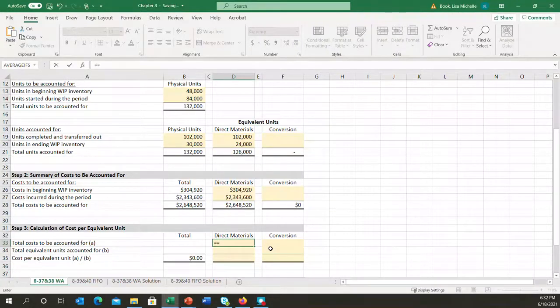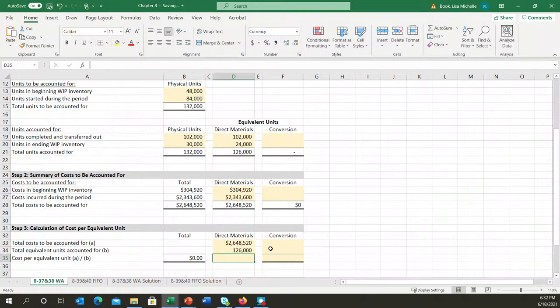So the total cost that I'm going to use is my cost to account for, which includes cost in beginning inventory and costs incurred during the period, of $2,648,520. Then I'm going to pull down my total equivalent units, which is the combination of the equivalent units completed and transferred out and equivalent units in ending work in process inventory, which for materials is 126,000.